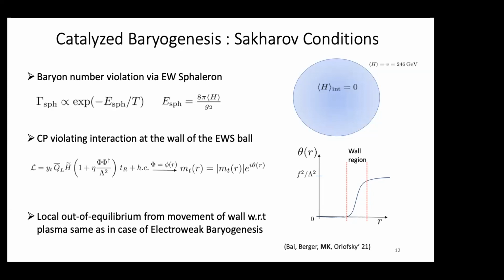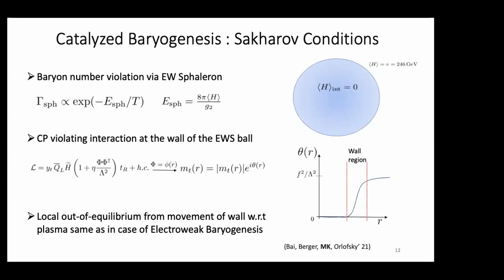When you calculate the mass, let's say here for the top quark in the ball, it has some phase theta of r, which changes as a function of r, where r is just the radial direction of this ball. So in the wall region, you have this radial dependence of the phase, which goes from 0 to something like f squared by lambda squared, where f is the symmetry breaking scale of this phi. And this gives you the CP-violating interaction at the boundary of the ball, or at the wall region of the ball.